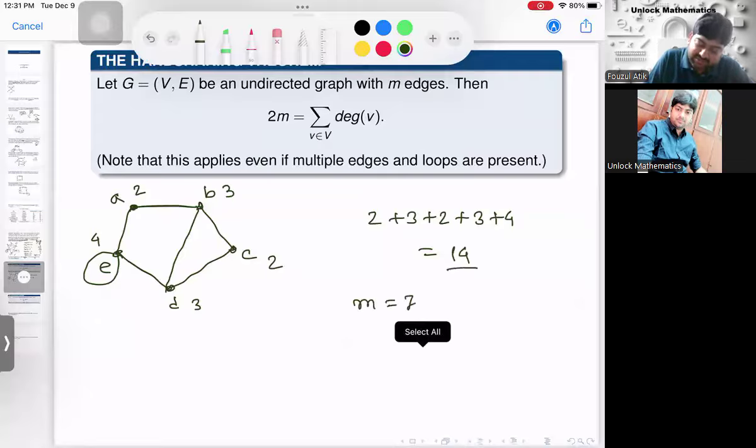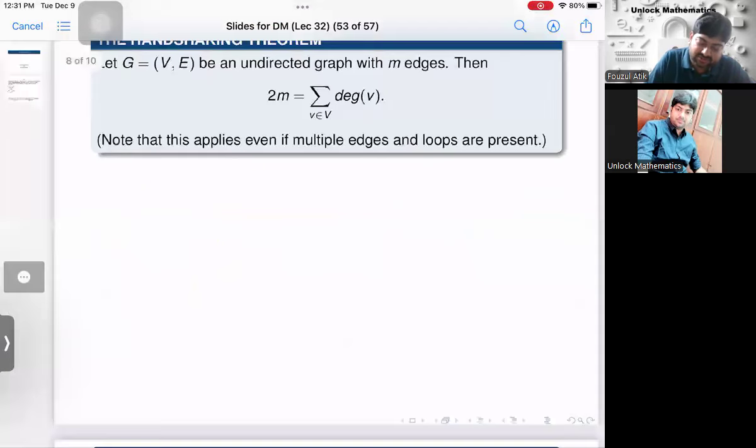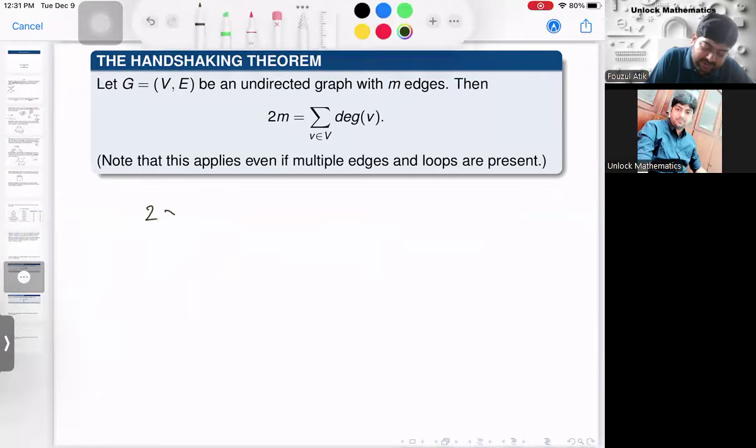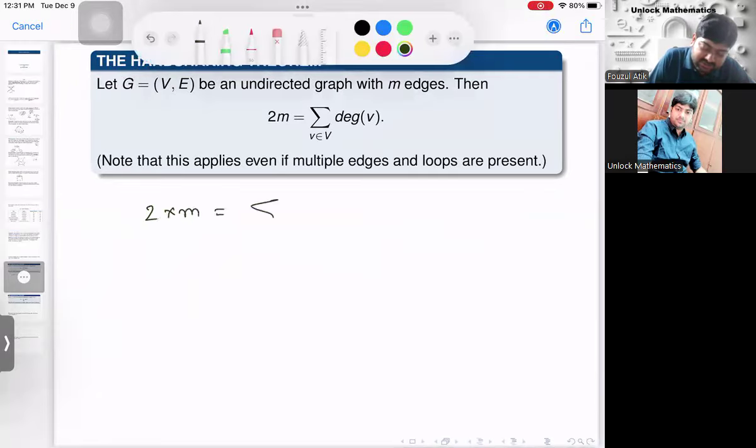And the sum of the degrees is 14, which is equal to 2 into m, no? 2 into 7. So therefore, this is always true: 2 times the number of edges is equal to the sum of the degrees of the vertices in the graph.